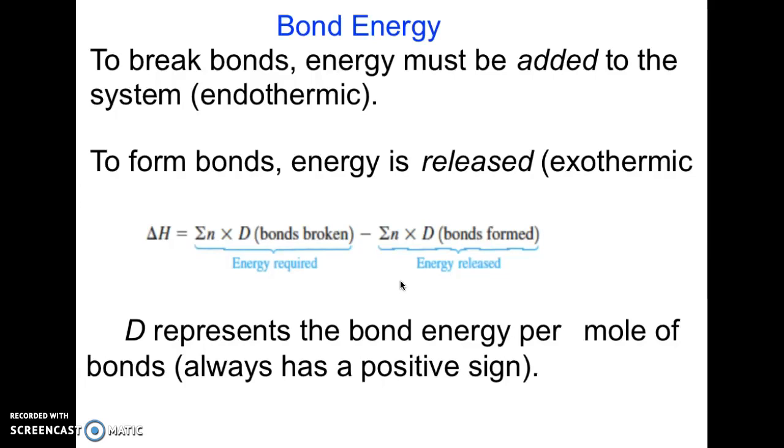Do not confuse this equation with the sum of the products minus the sum of the reactants. This is for bond energy. You first have to break the bonds in a chemical reaction, and then you evaluate the bonds that are formed.